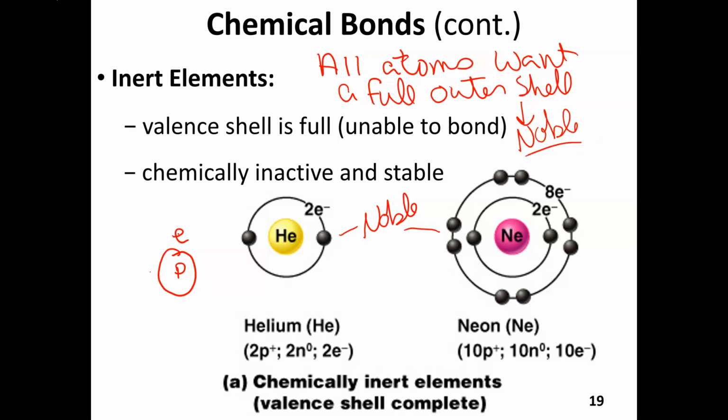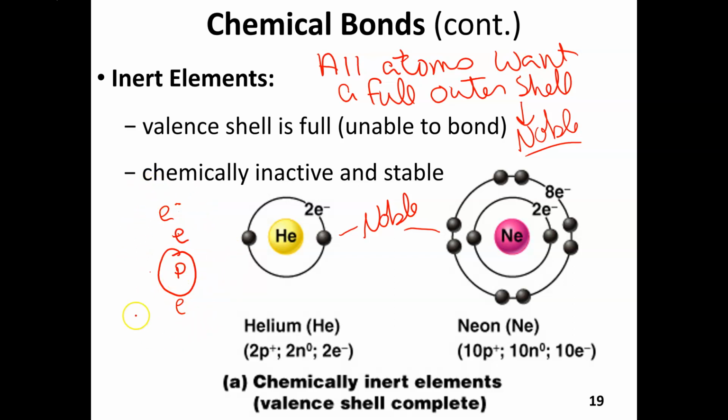If you have 2 electrons here, and then your next shell has 1 electron, you're going to want to either get rid of this electron or you're going to want to gain 7 more electrons, because the second orbital has 8 electron spaces, so you can fit up to 8 electrons.